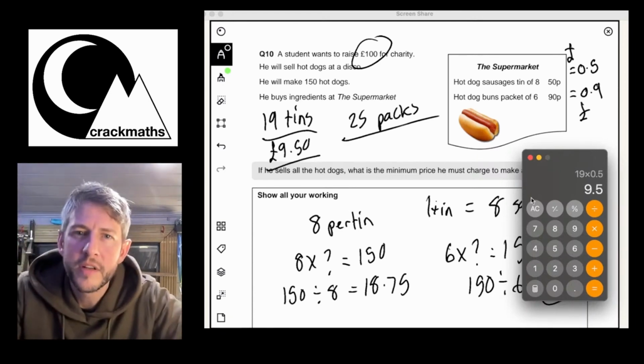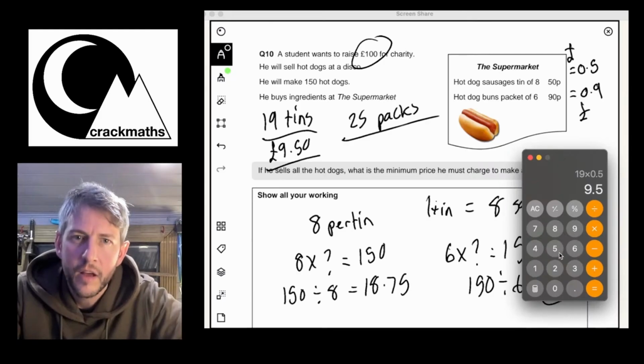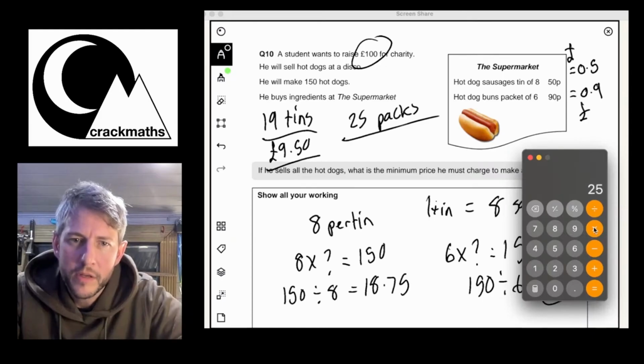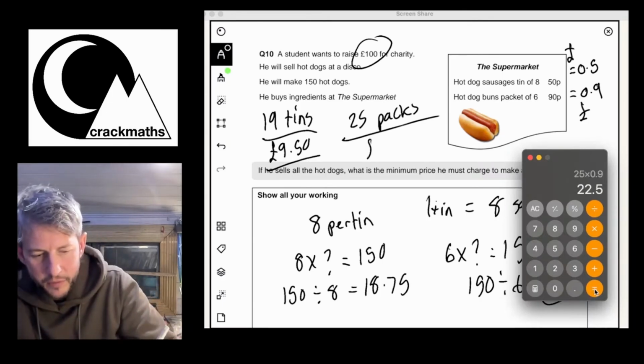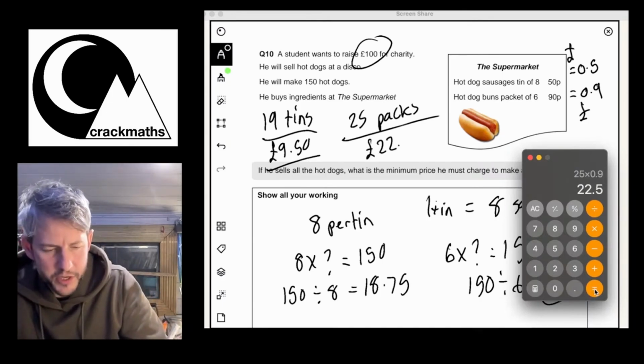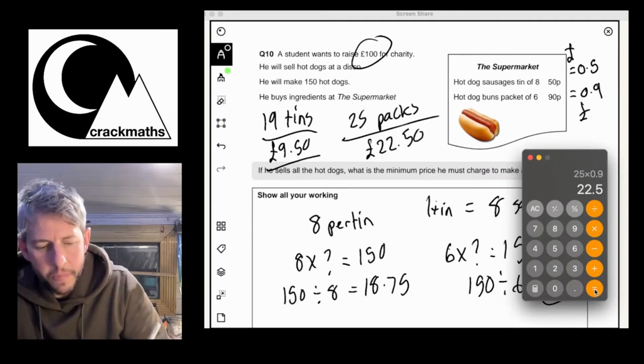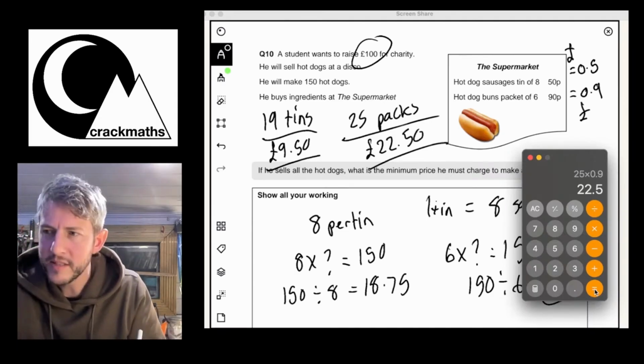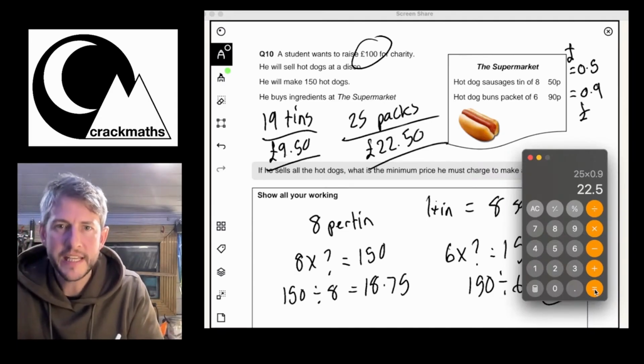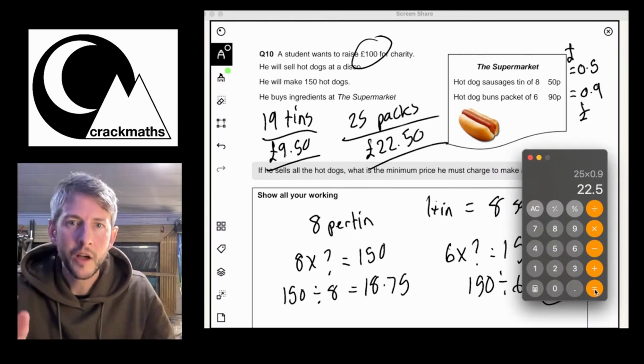And then I'm going to do 25 packs of the 0.9. So 25 times the 0.9 is going to be £22.50. Okay, so £22.50 for the buns, £9.50 for the hot dogs.